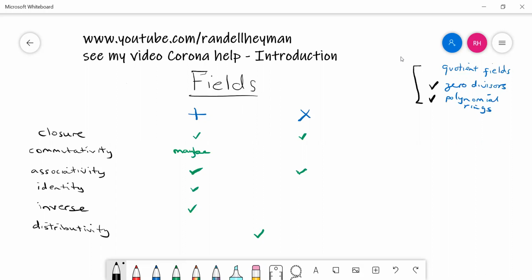If we first go back to groups, we said with groups, we have this operation addition and we have closure. We may have commutativity, in which case we call it an abelian group or a commutative group, which just means we can change the order of the addition. We definitely have to have associativity, which means if we're adding three of them, it doesn't matter whether we add the first and the second first or the second and the third first.